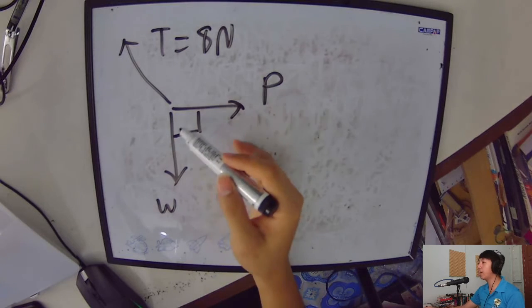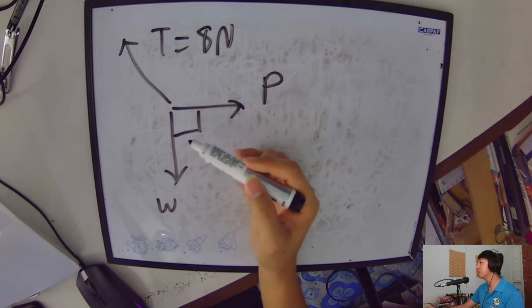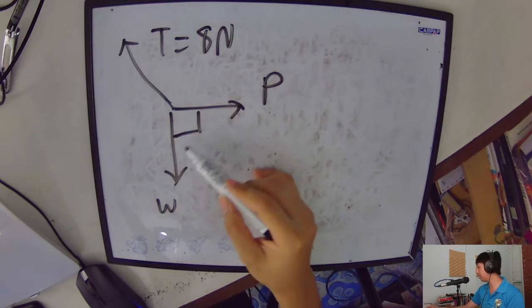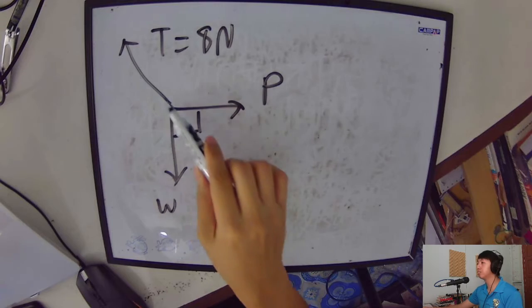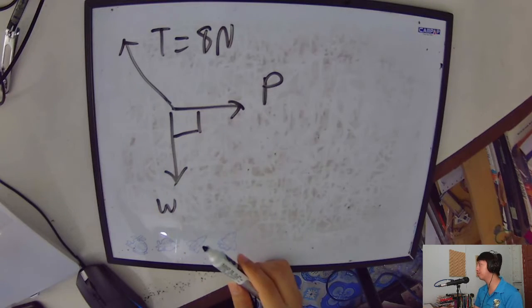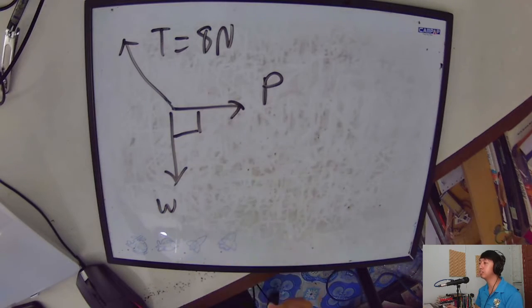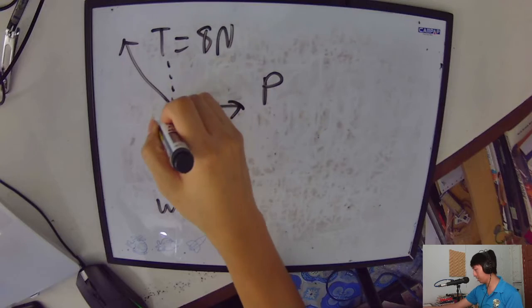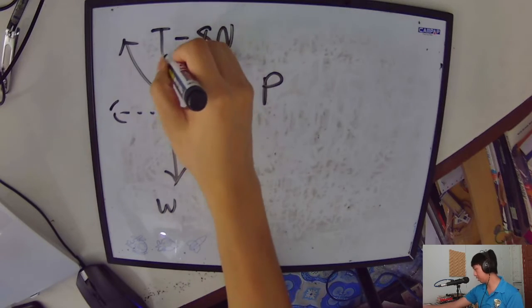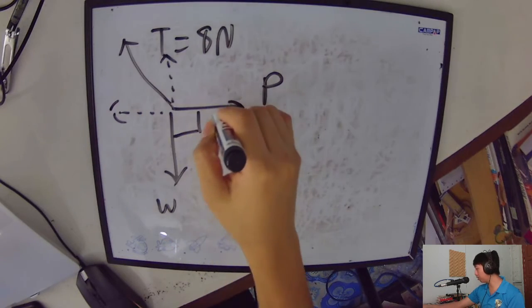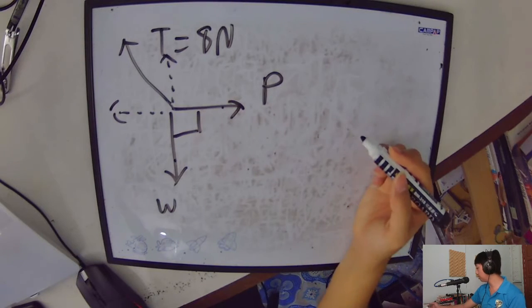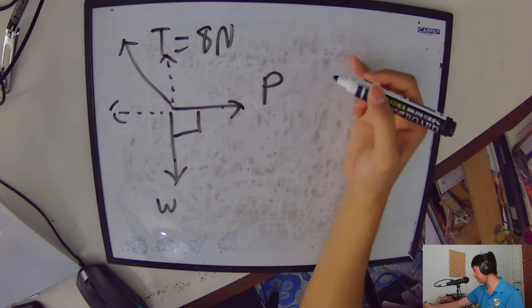If these two lines are at a right angle, then one solution is to use resolution of force as a way to solve this question. What do I mean by resolution of force? We take this force here and we find this, and we know that this one and this one will be equal to this one and this one. So we will just resolve it.